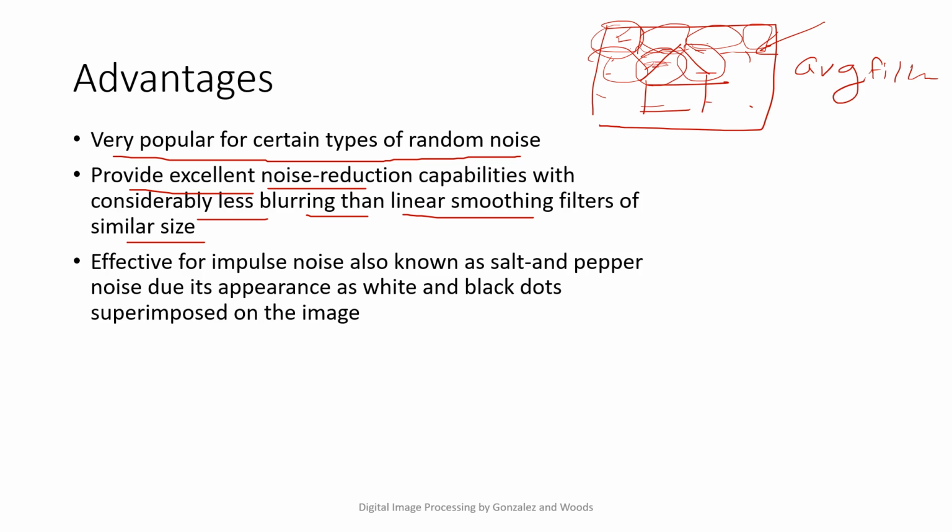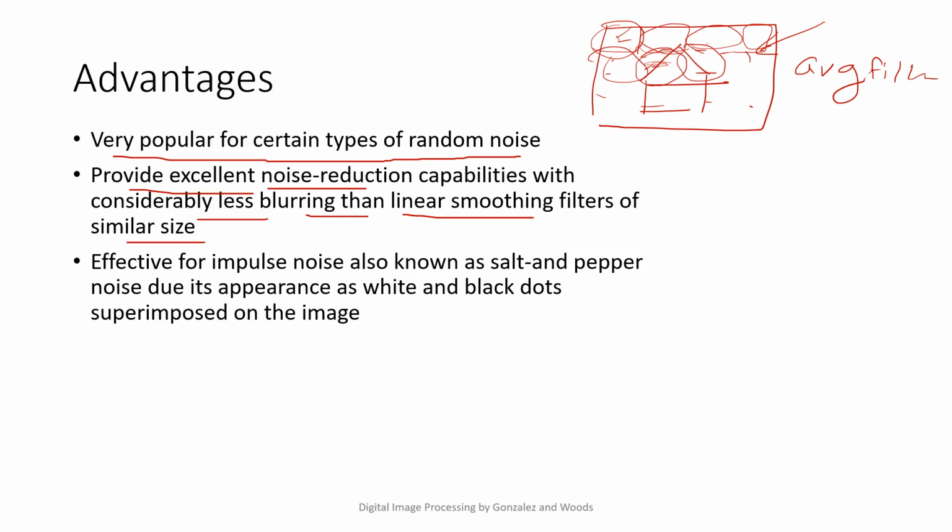The noise is eliminated, but along with the noise, the edges are also getting blurred, and that is unwanted. The median filter takes care of this. It will try to preserve the edges compared to the averaging filter. That is the main advantage of using the median filter.